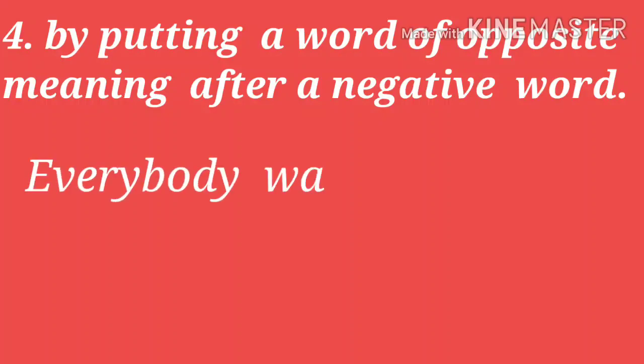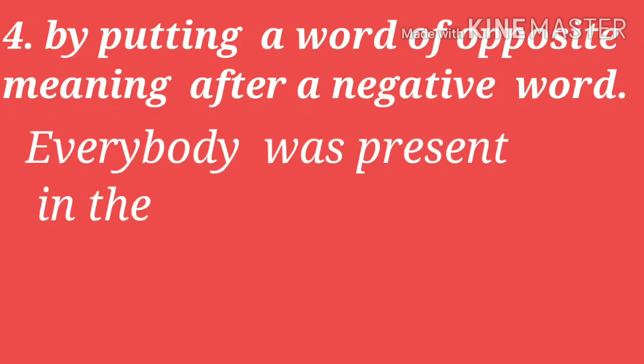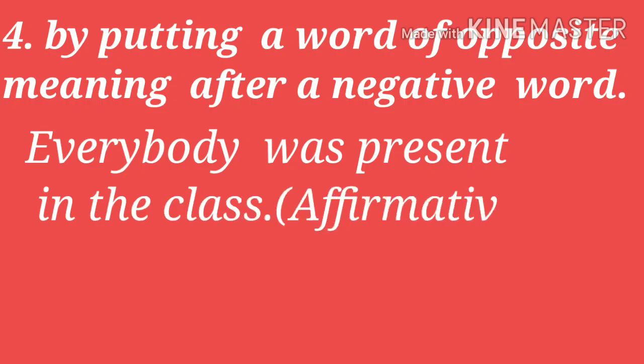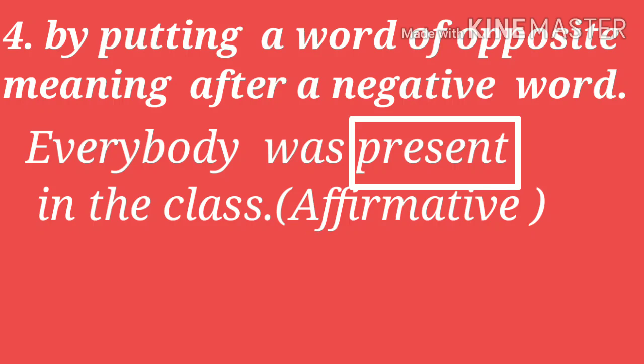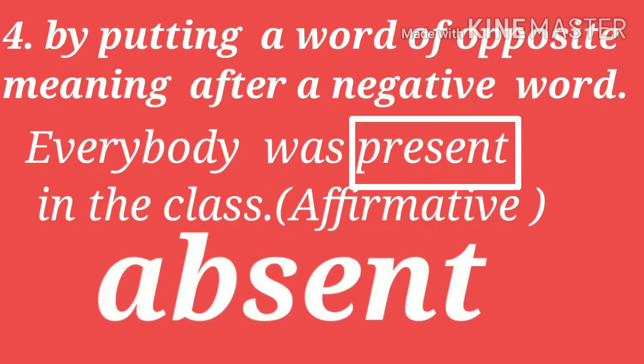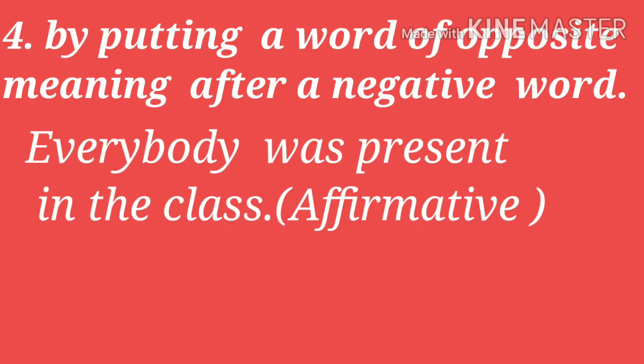All right, "Everybody was present in the class," and this is an affirmative sentence. So what is the opposite word for present? It is absent. Yes? Okay, so let's change this sentence into a negative one by giving the opposite of present, that is absent, and using a negative word along with it to make it a negative sentence. So look at the change.